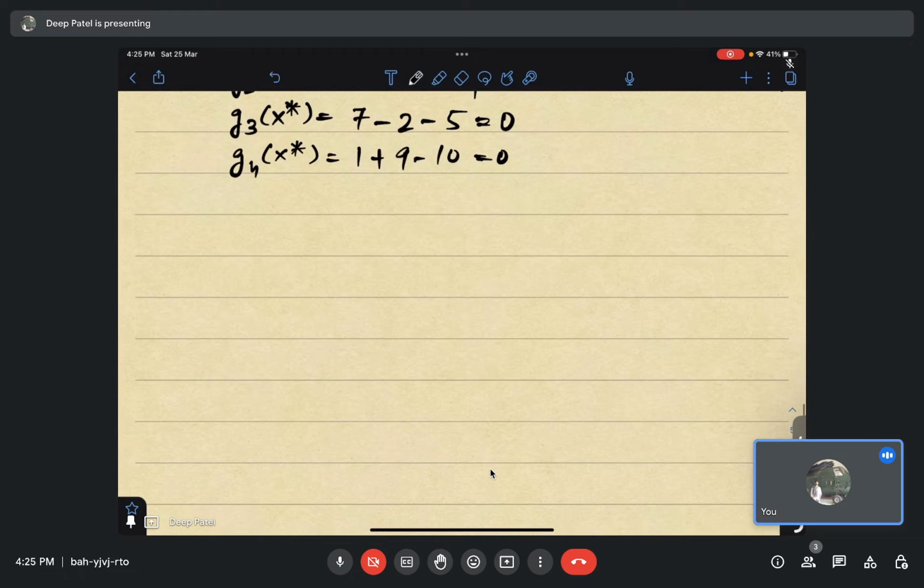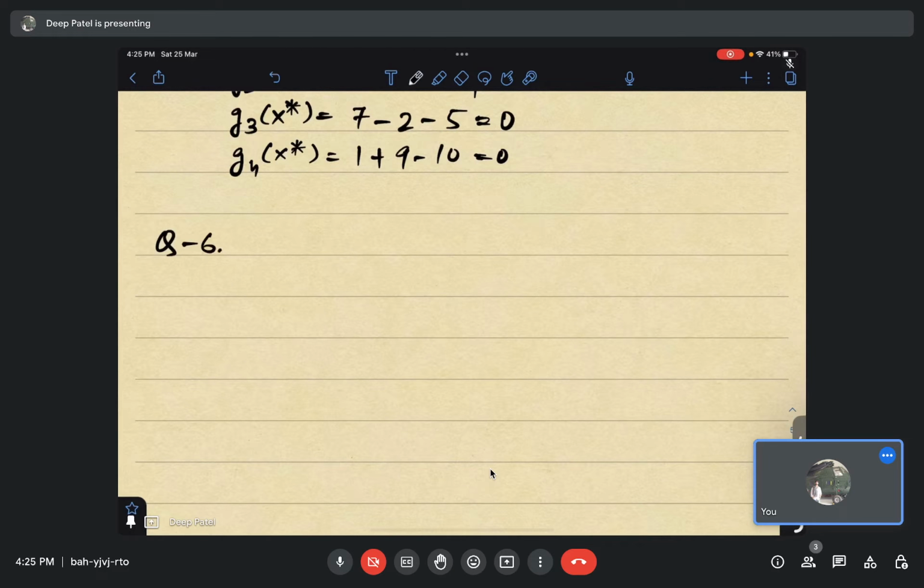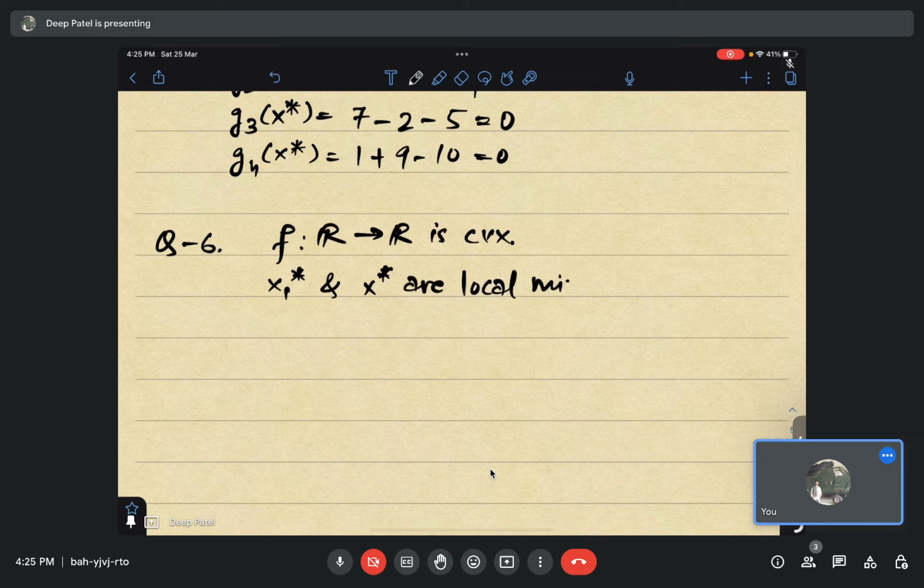Okay, question 6. So there is a function that is convex. x1 star and x2 star are local minima.